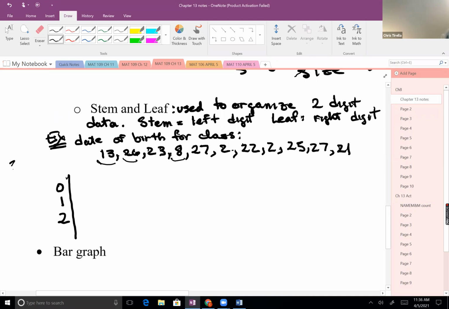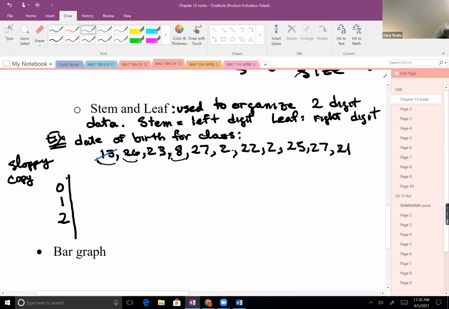This is going to be my sloppy copy, because after we go through and look at all of our data, we need to order them to make our neat copy. And so I'm going to cross off the numbers as we use them.